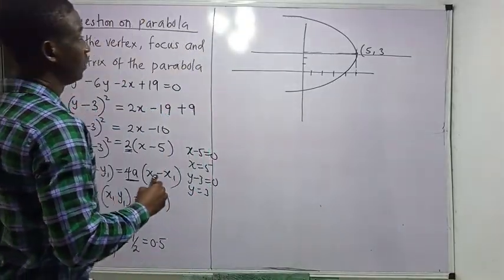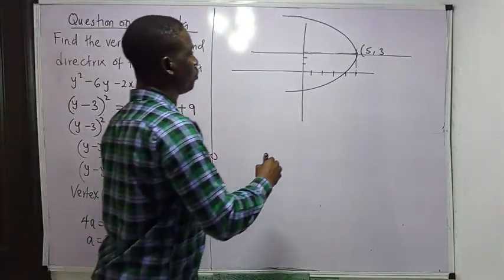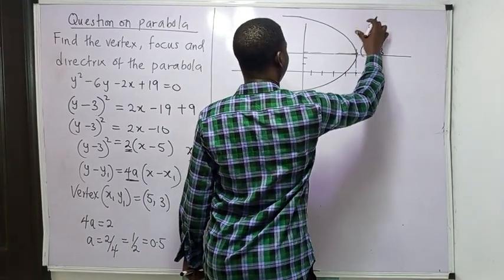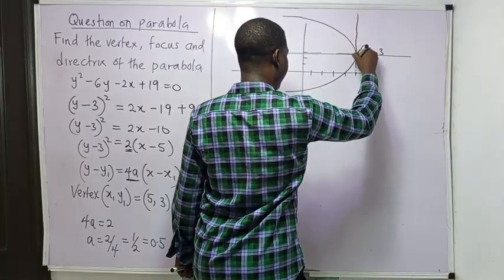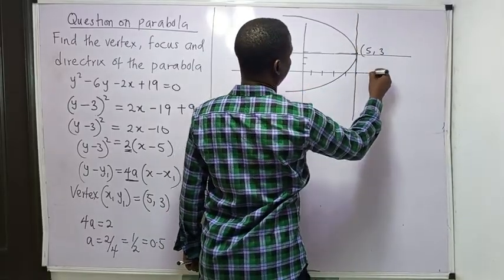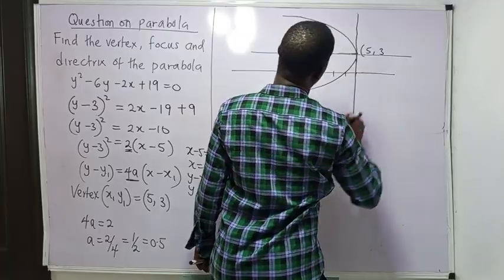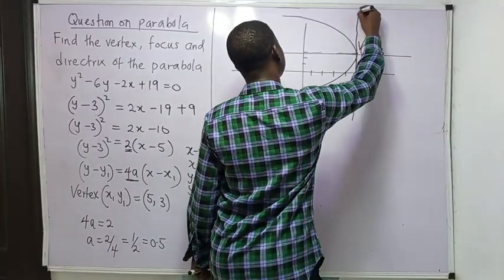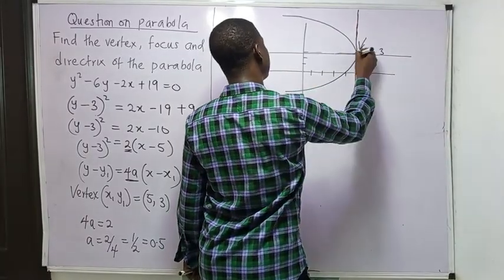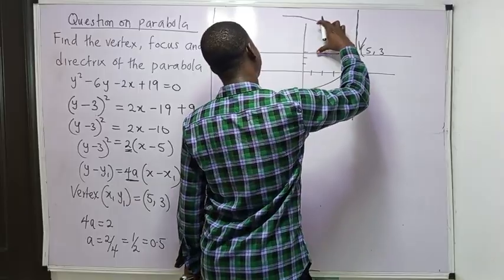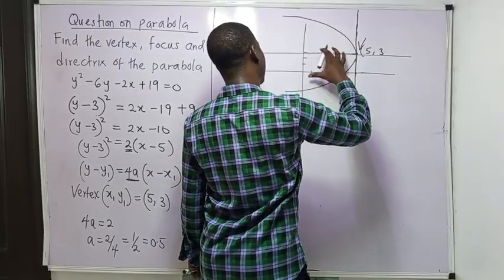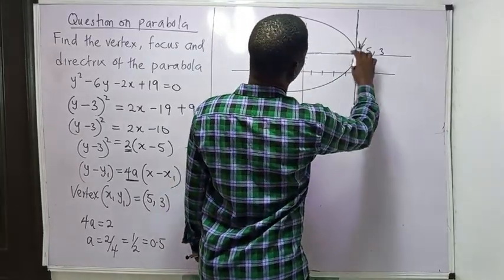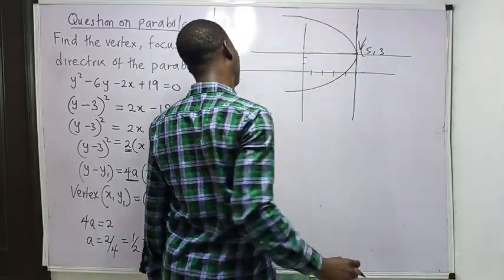Now, if you have drawn that, don't forget that this is your vertex. This line must be the line of symmetry, it must divide the parabola into equal parts and pass through the center of the parabola.